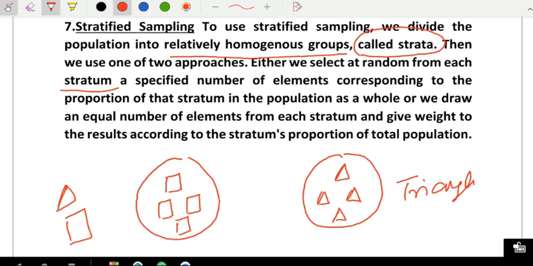All quadrilaterals are put together, all triangles are put together. Inside they are homogeneous, but if you look at the outside, they are heterogeneous, meaning these are quadrilaterals and these are triangles. But inside, if you go, all quadrilaterals are here, all triangles are here. That means inside they are homogeneous.